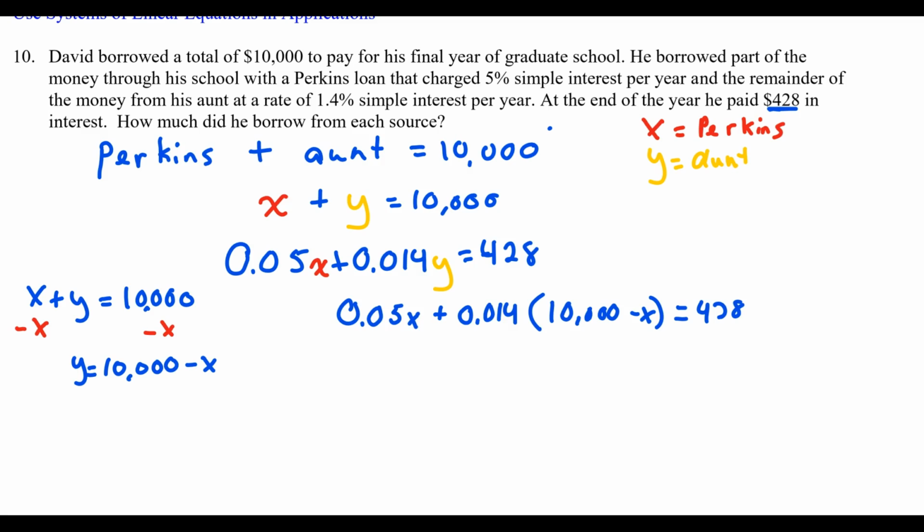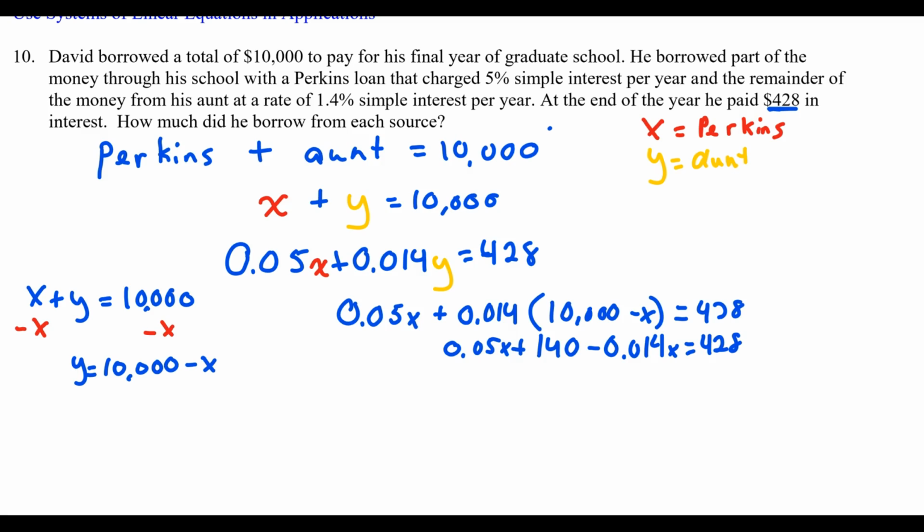So I'm going to distribute the 0.014 in here, and that's going to give me 140 minus 0.014x. And don't forget, I still have this 0.05x on the front.